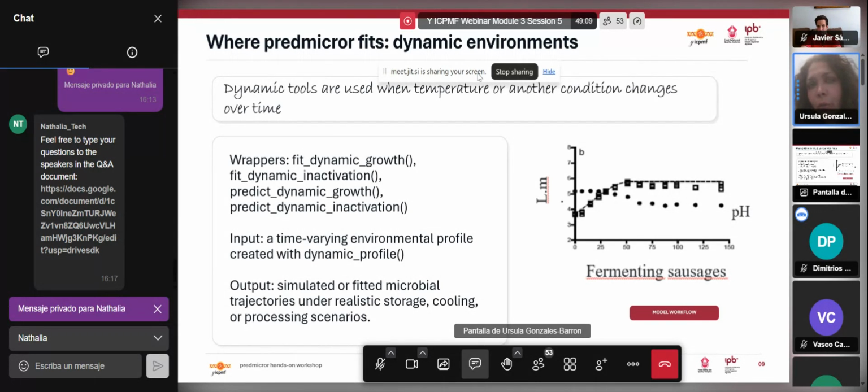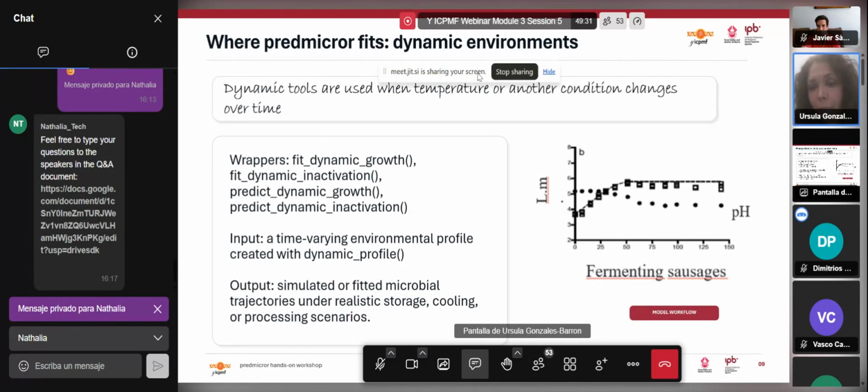So this is used for validation of a model, but it can also be used not only for prediction, but also for fitting. But in this case, you need to have the change in temperature, so the temperature profile, this is the values of temperature in time.